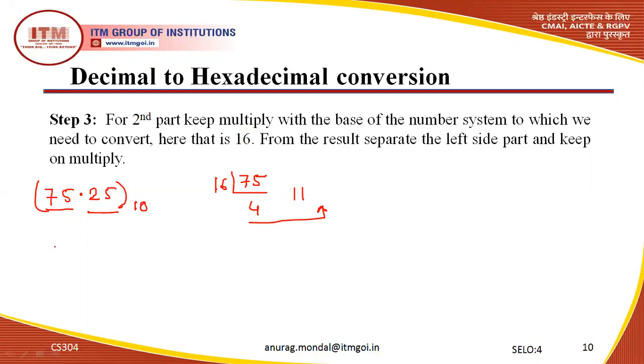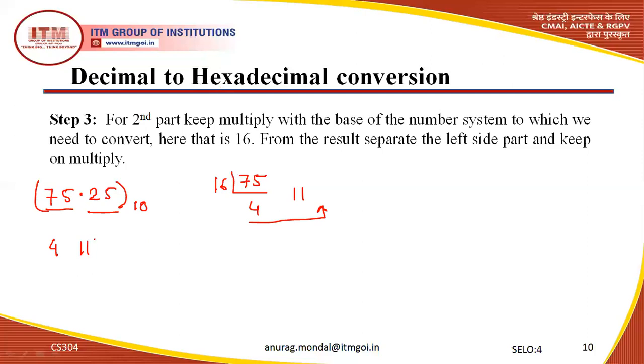So for the 75 we have 4 and 11, but in the last session I discussed with you the hexadecimal number system, and within the hexadecimal number system, after 9, from 10 to 15 we have to replace those with A to F. Okay, so we have the 11, so we never write the 11 in the hexadecimal. We have to write in terms of A, B, C, D, E and F.